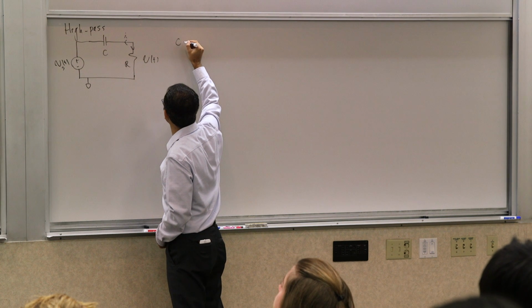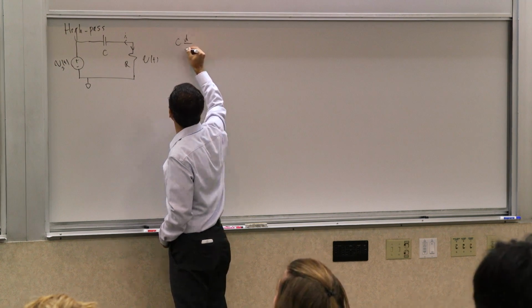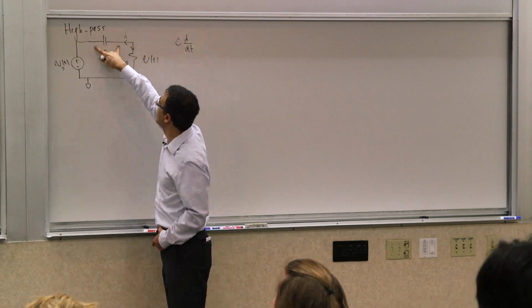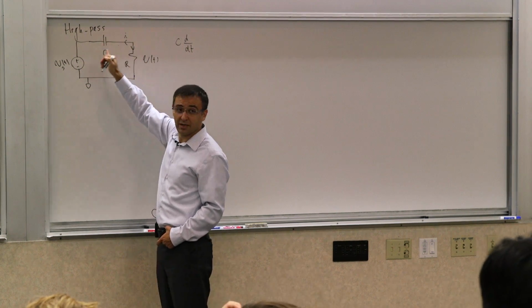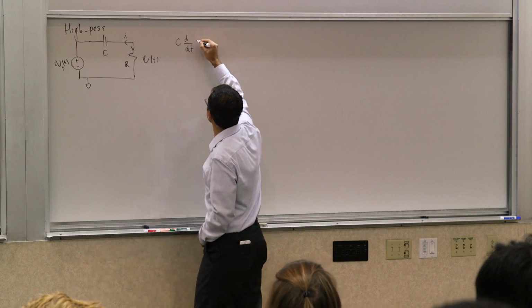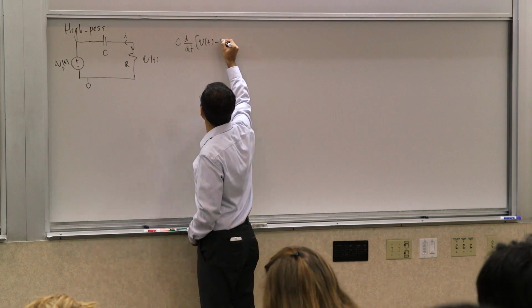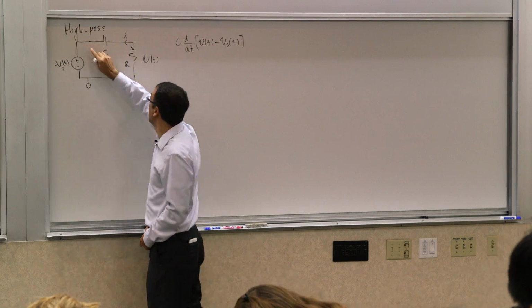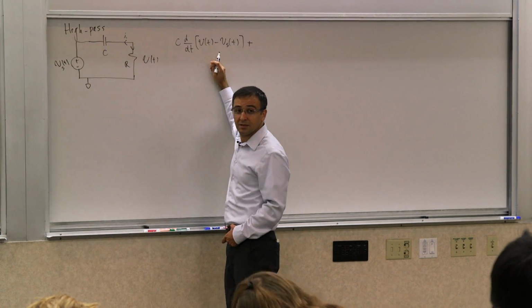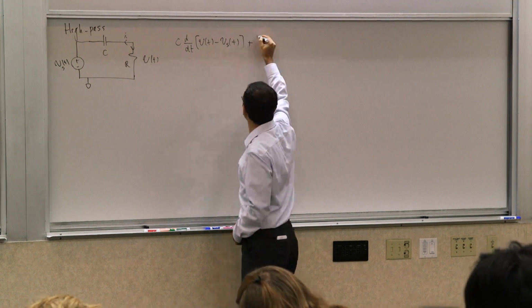Okay, C dV dt, but d of what dt? What is the voltage across the capacitor in terms of V and Vs? V minus Vs, right? So it's d of V of t minus Vs of t. That's this voltage minus that voltage, right? Plus, what is the other term? V of t over R, exactly.